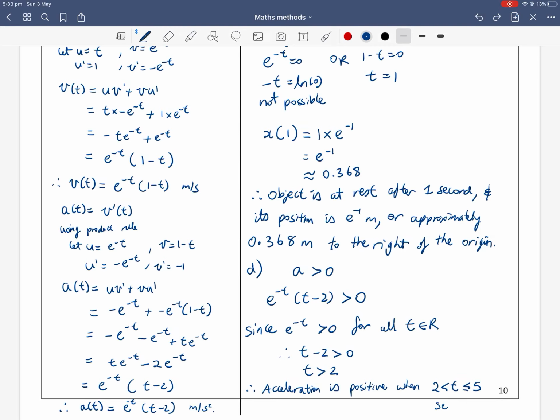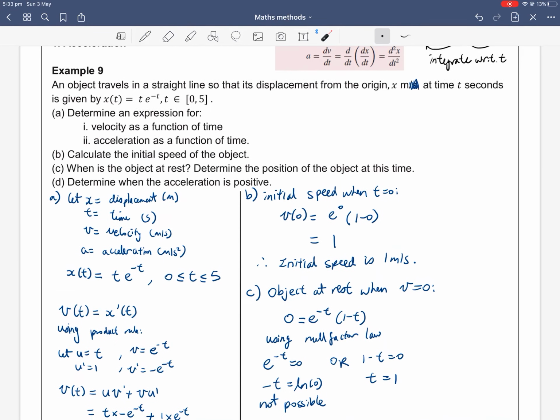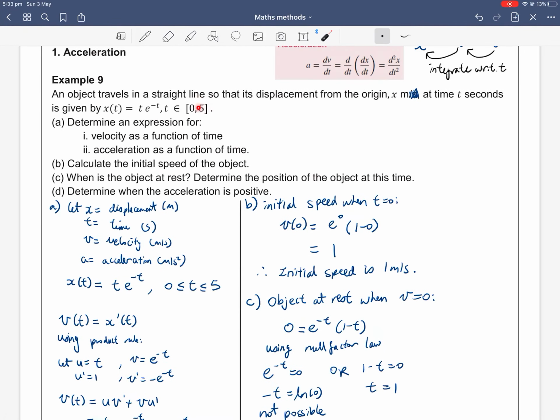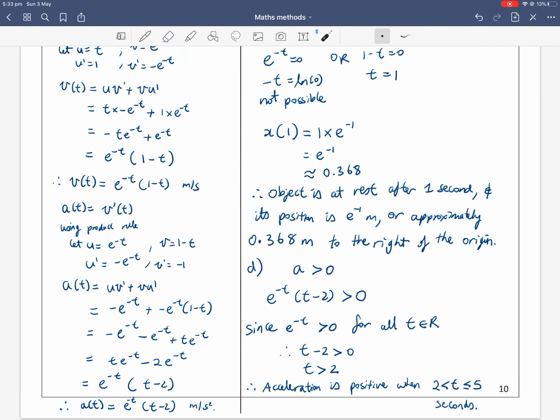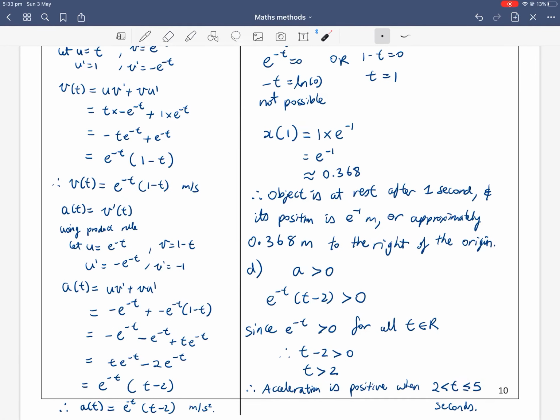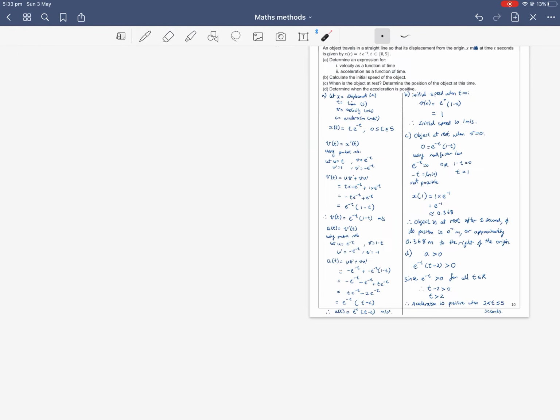What we just solved is that if t is bigger than 2, then your acceleration is positive. But don't forget, originally they gave us a domain that t has to be less than or equal to 5. So acceleration is positive for time greater than 2, not inclusive, and less than or equal to 5 inclusive.